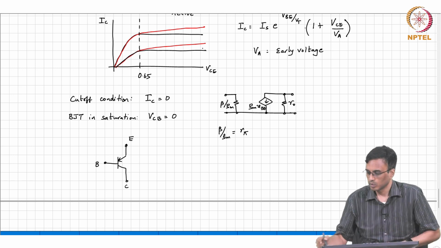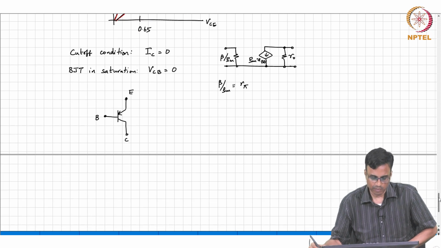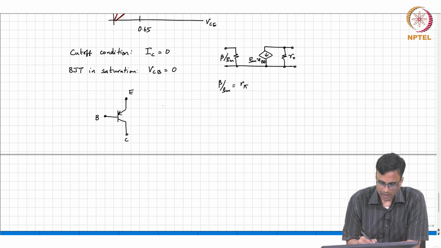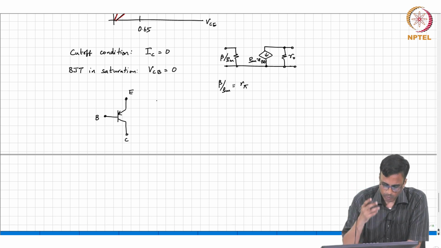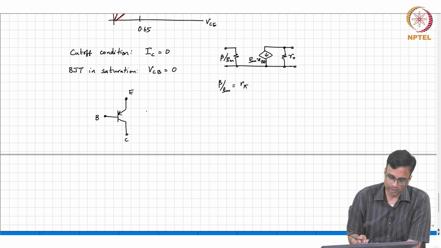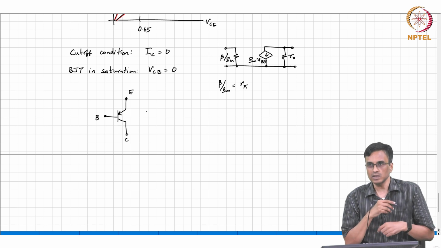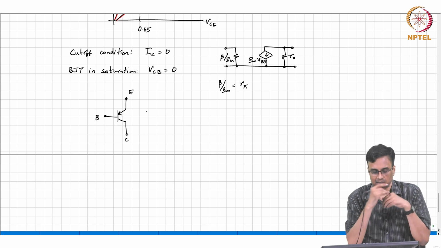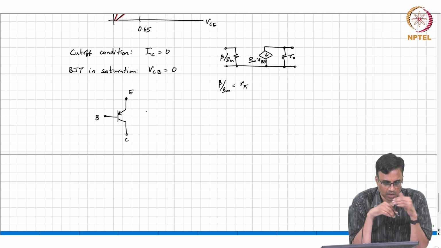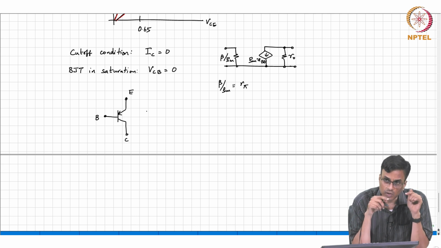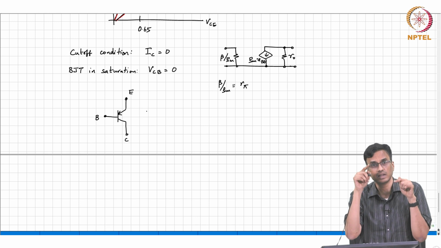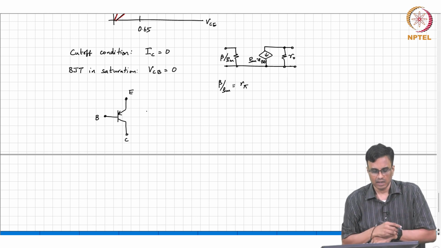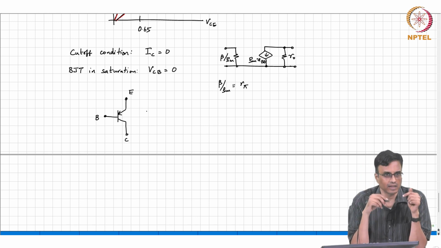Okay. So, now all of this is very straightforward, and again the cutoff condition for PNP is IC is 0. What about the saturation condition? When will the PNP transistor enter saturation? Just like in PMOS transistors, where the drain can go one threshold above the gate, in the PNP transistor the collector can go as high as the base.